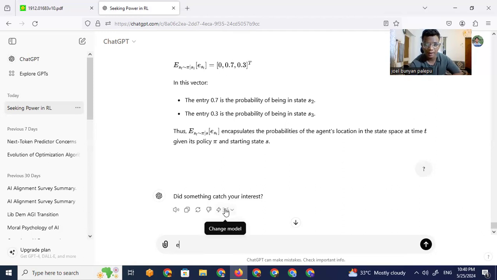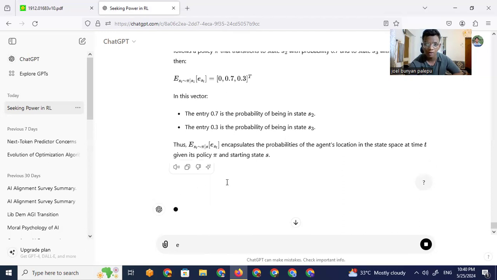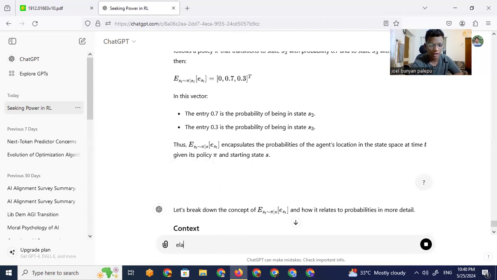I'll make sure I use the 4o model, just because that's very powerful. I should say elaborate non-domination.